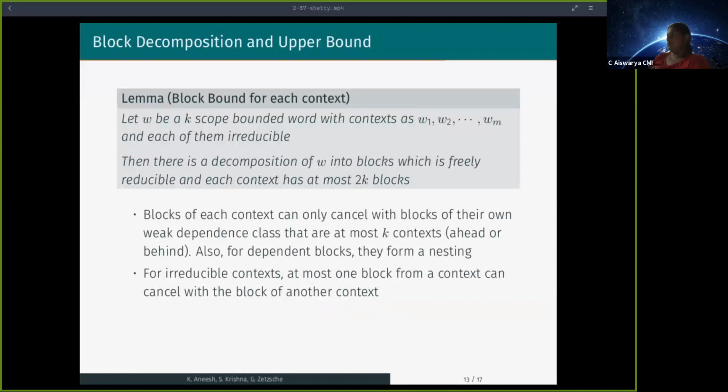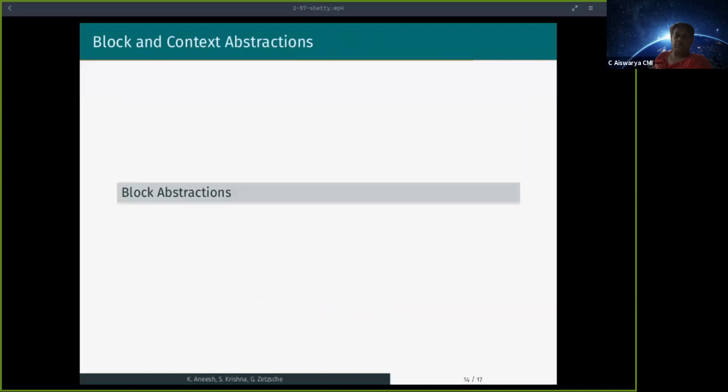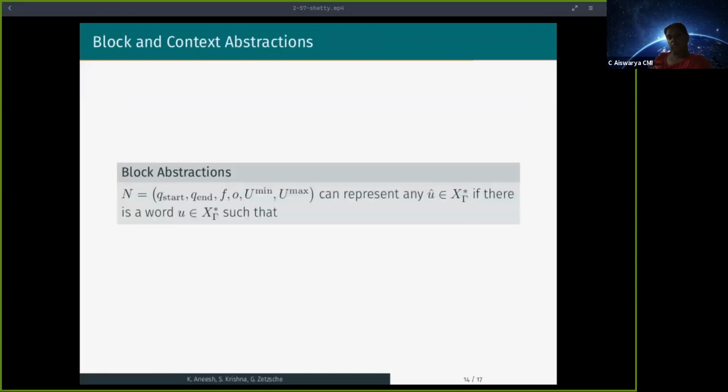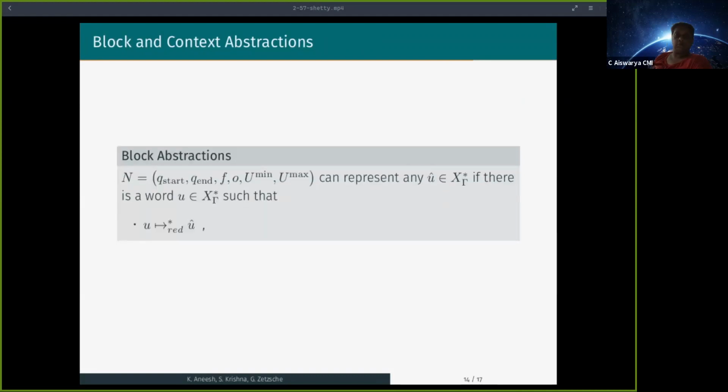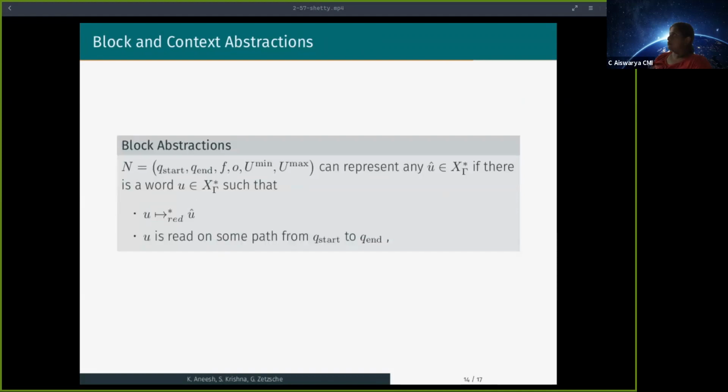Now we move from words to the valence system itself. To compactly represent all possible computations in a block, we use block abstractions. A block abstraction can represent all words U hat such that there is a word U which satisfies the following. U reduces to U hat. U is read on some path from the start to the end state.